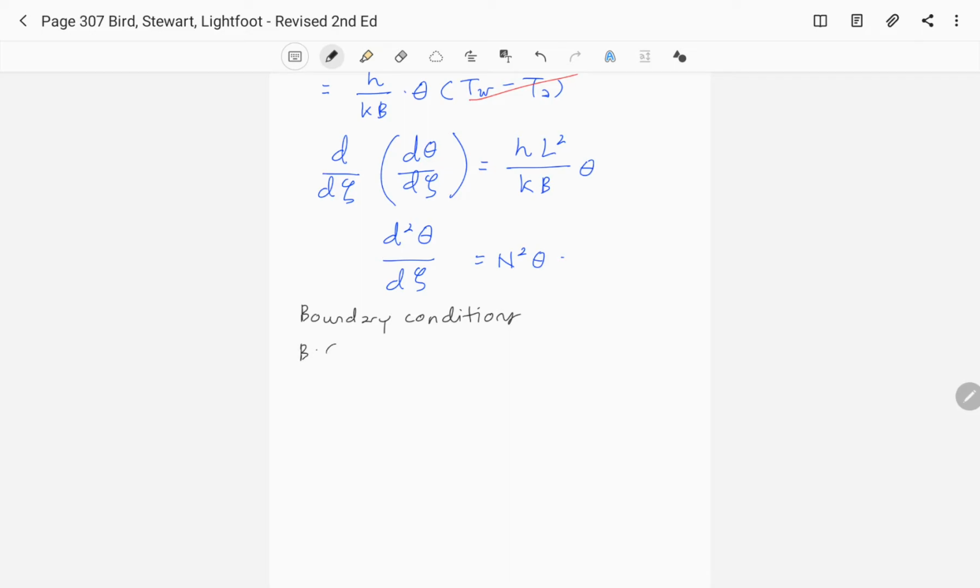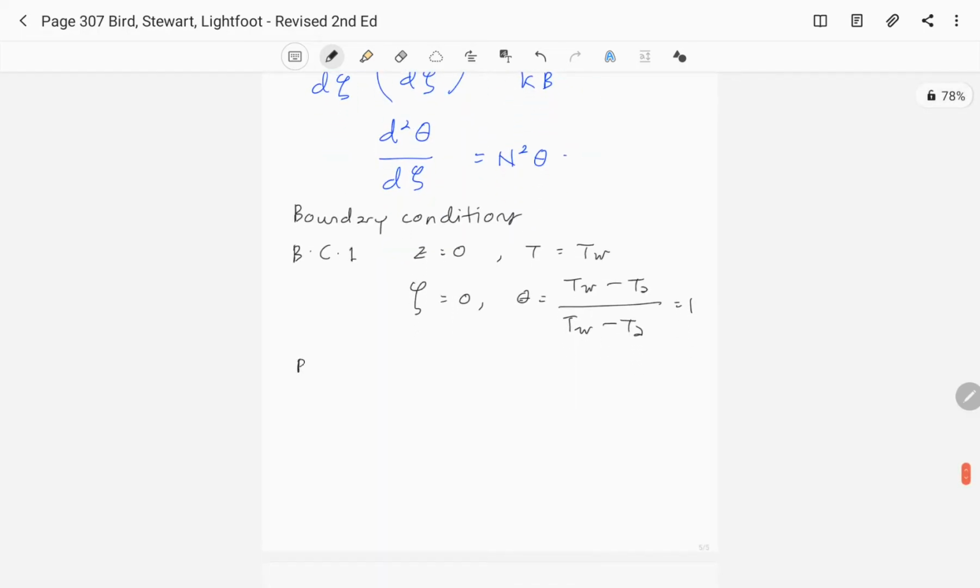So the BC1, which was originally at z equals 0, T equal Tw, will be equal to 0, and then your phi will be (Tw minus Ta) divided by (Tw minus Ta), and this will be equal to 1.